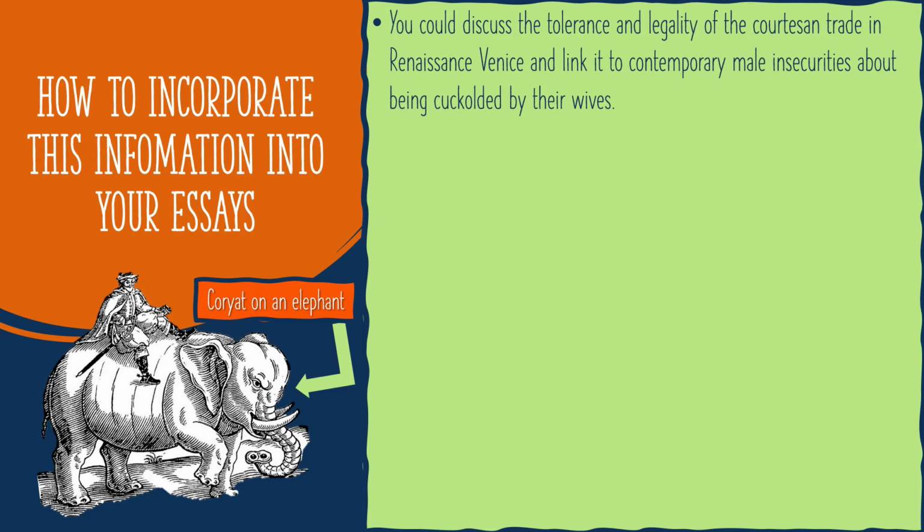So this is clearly a real worry for the Renaissance man, and so that's something that you could definitely consider, especially in light of the legality of the courtesan trade.